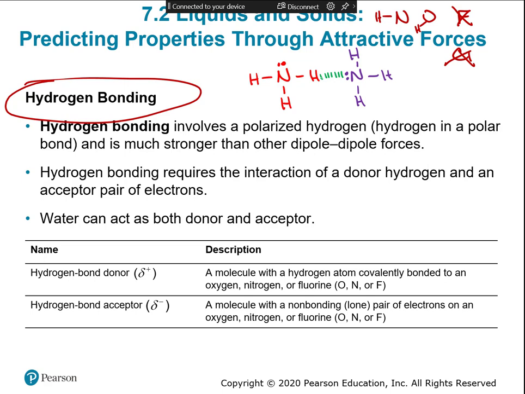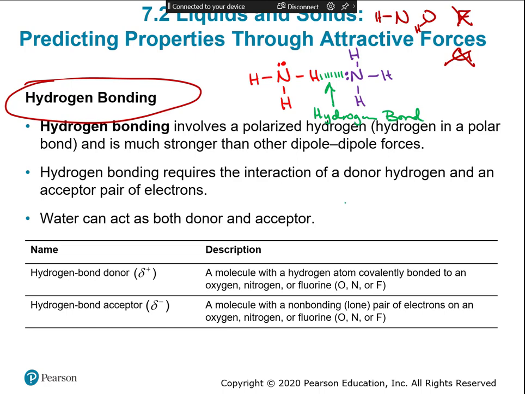Anytime you see a nitrogen with a hydrogen or an oxygen with a hydrogen, that means that molecule can do hydrogen bonding. So this is a hydrogen bond. And a hydrogen bond is stronger than just being polar.